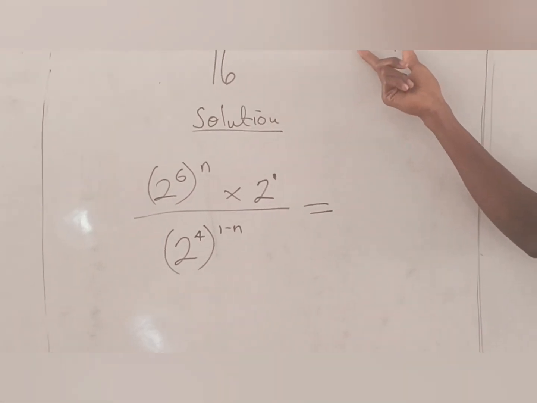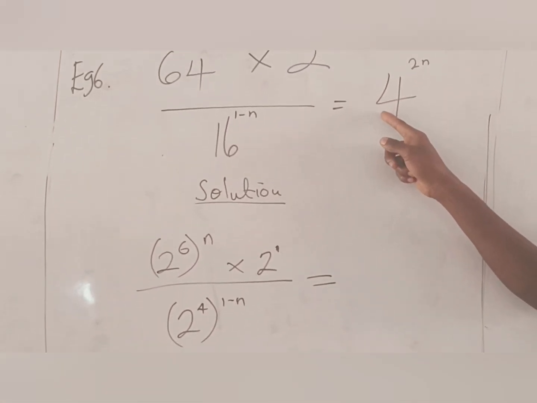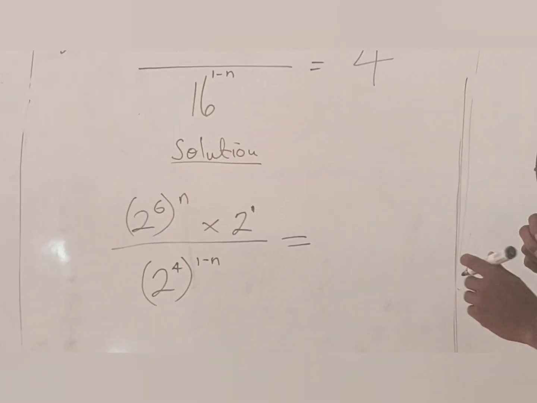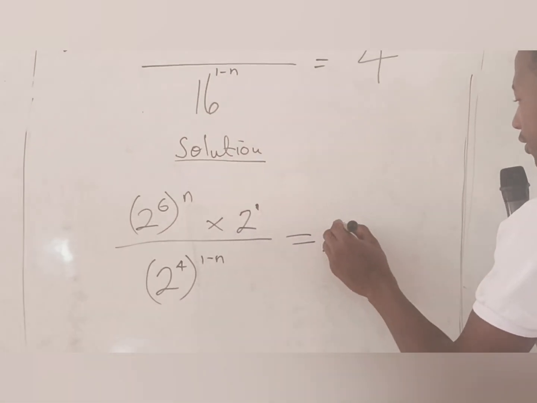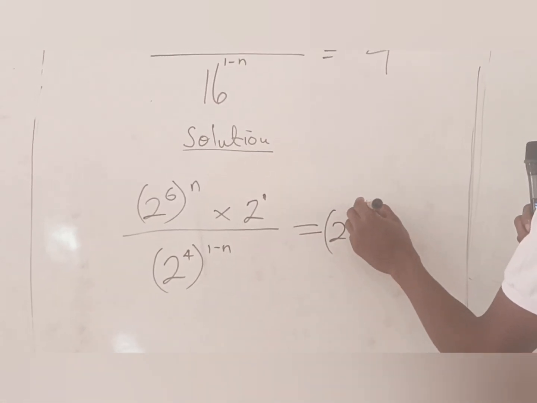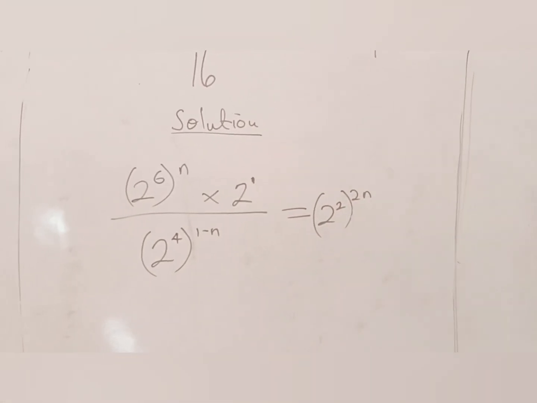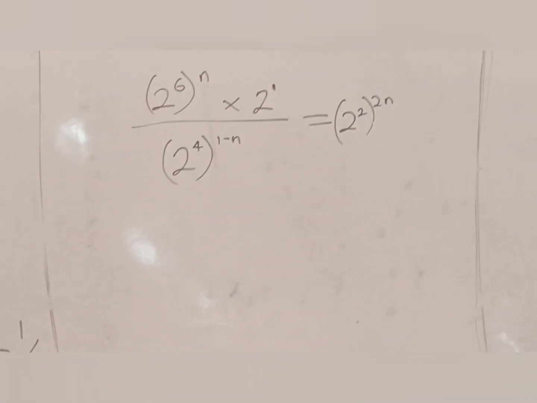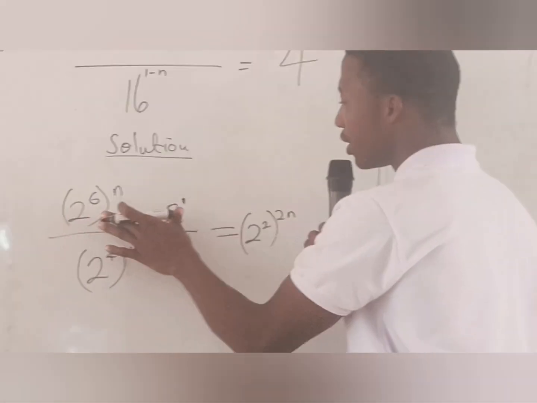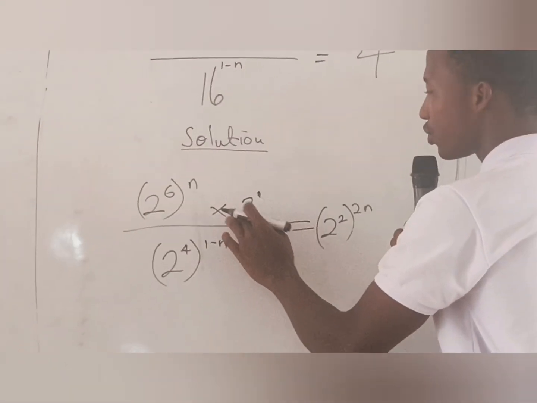Right away, let's send the 4 into indices form. We can have it to be 2 to the power 2 as 4, then all to the power 2n.